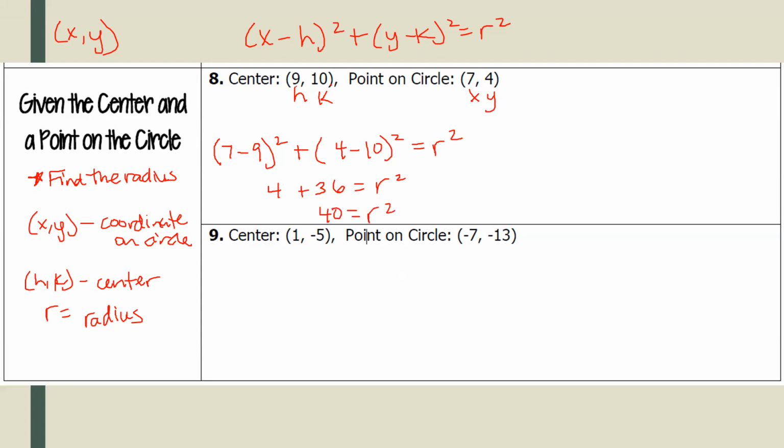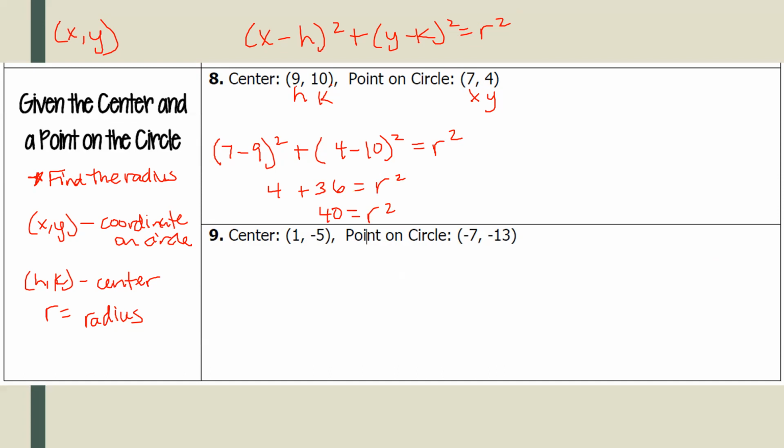4 plus 36 is 40. R squared is 40. Technically, I could stop right there because I don't really need r. I need r squared. That's what's in the equation. So I found r squared because that's what I need to put in the equation. Your final answer has to be the equation of this circle, not just finding r squared.